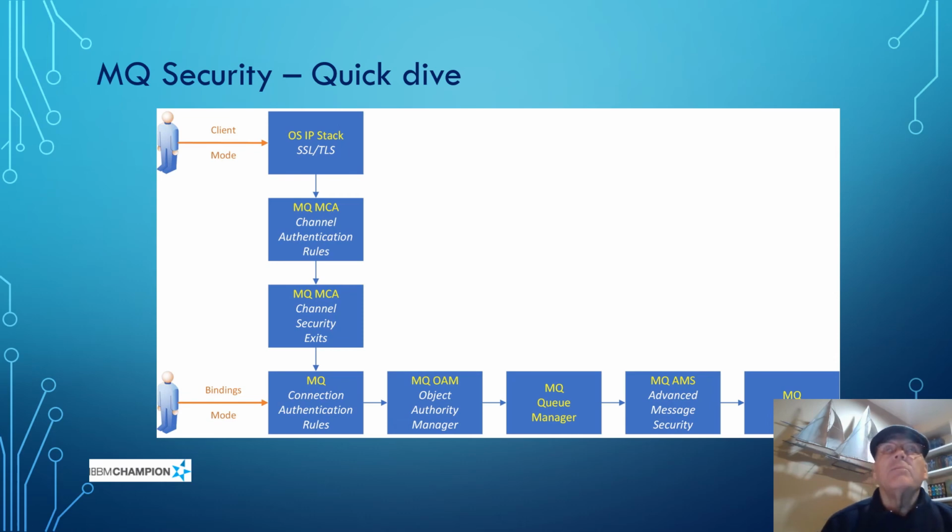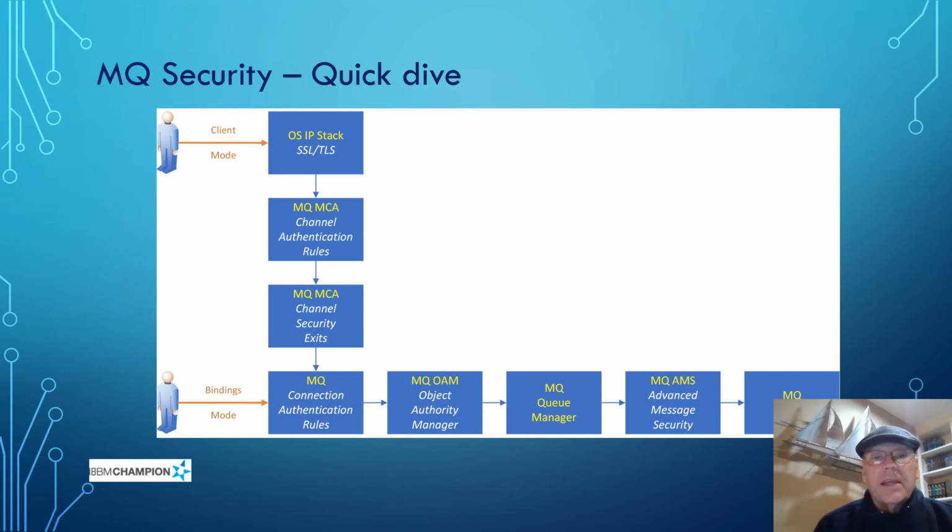Now you can be required to re-authenticate locally at this point, and that would be the same as a local user coming in on bindings mode. He may be forced to re-authenticate as well. Those settings are configurable. Once you've gotten through that hurdle, all we have hopefully is an asserted user ID and therefore group, and nothing more at that point.